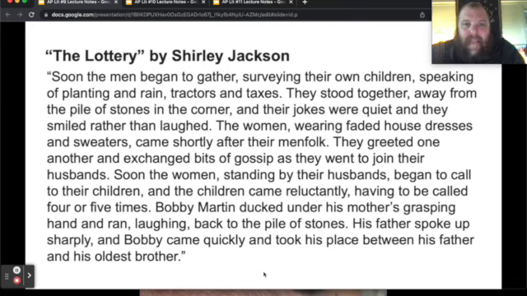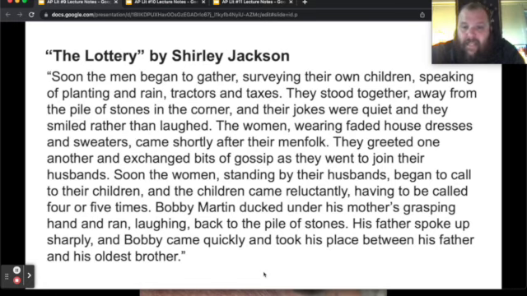Soon the men began to gather, surveying their own children, speaking of planting and rain, tractors and taxes. They stood together away from the pile of stones in the corner, and their jokes were quiet, and they smiled rather than laughed. The women, wearing faded house dresses and sweaters, came shortly after their menfolk. They greeted one another and exchanged bits of gossip as they went to join their husbands.